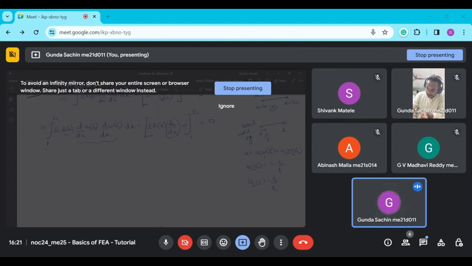So before proceeding further, as you observe, these two are in zeta and this integral is in x.